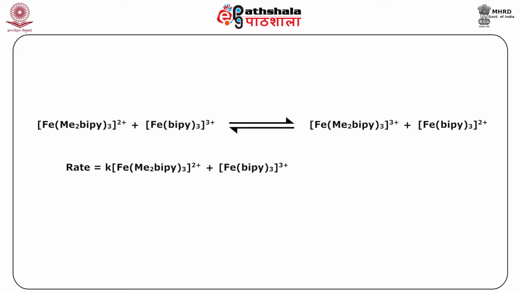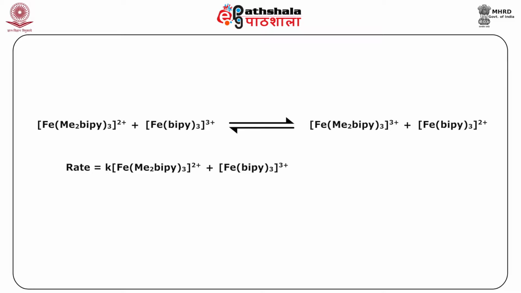What happens upon electron transfer via the outer sphere mechanism? The ligands attached to the metal center, their coordination number and everything, remain the same. What changes is that the species that was +2 has gone to +3 and the one that was +3 has gone to +2.